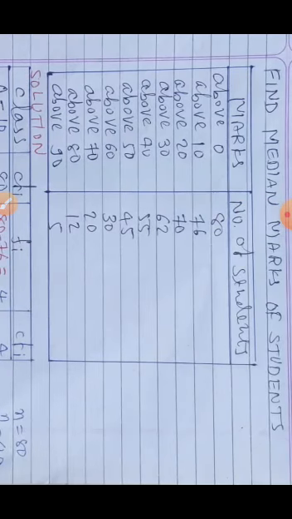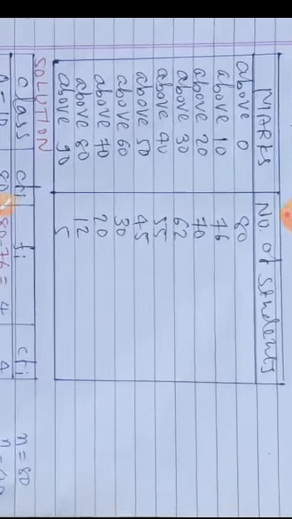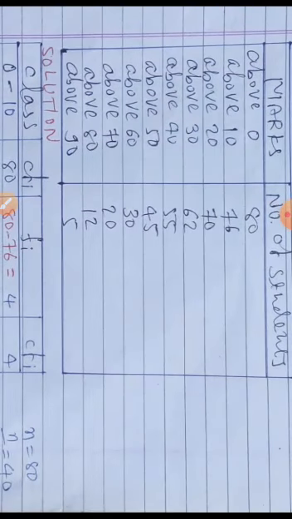Now how to find the class and cumulative frequency? Most of the rules are the same, but this process is quite opposite. Why? Because in the previous one, we considered all the given numbers in the first column as upper boundary. Here we have to consider the given numbers as lower boundary, because the word above is used.